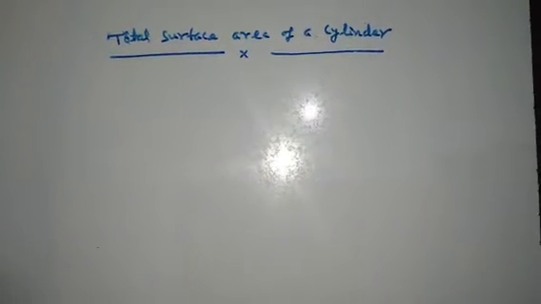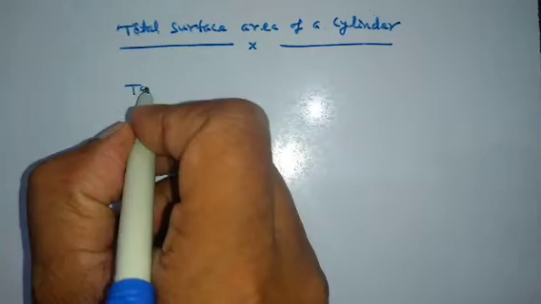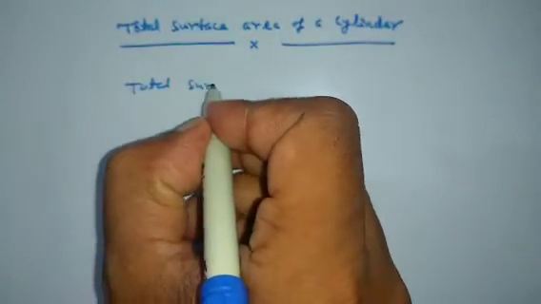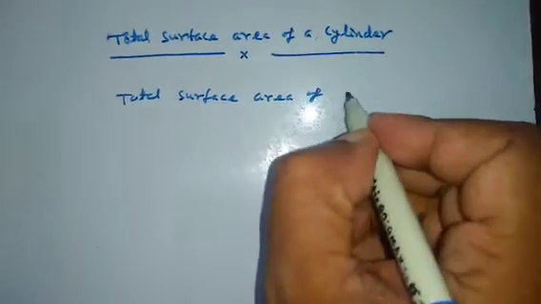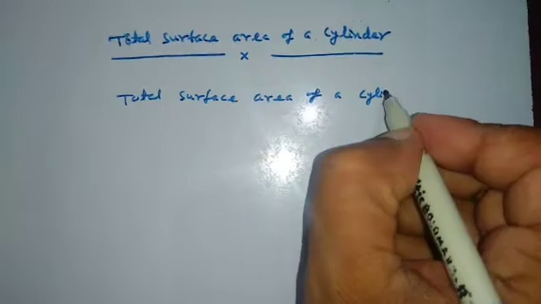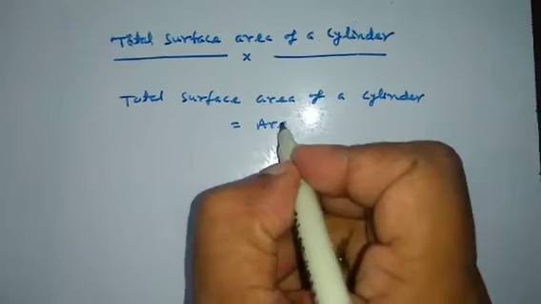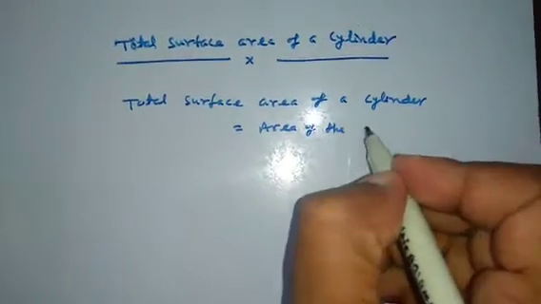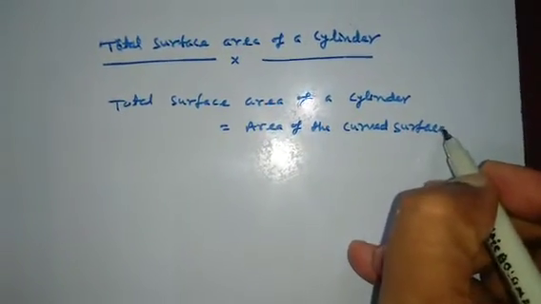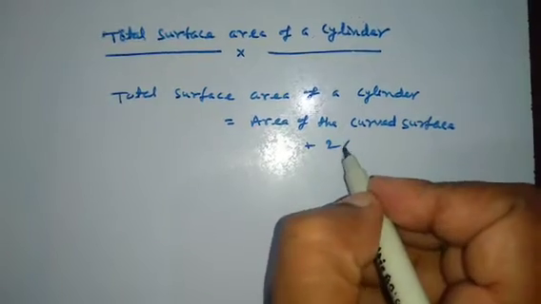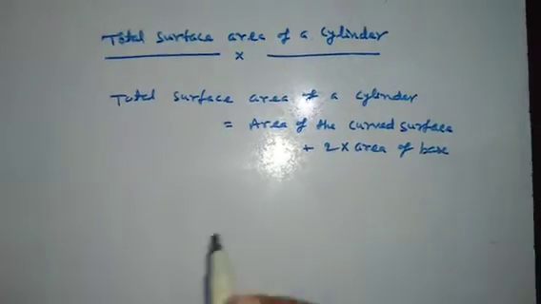So the formula of total surface area of a cylinder is equal to area of the curved surface plus 2 into area of base.